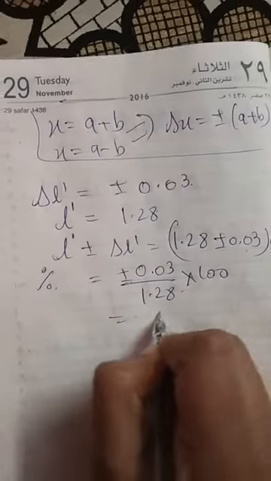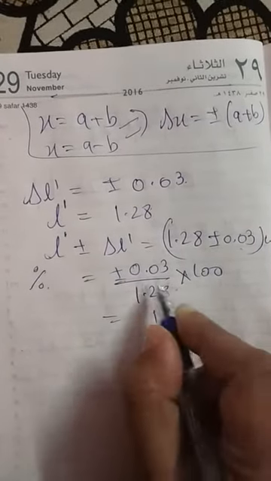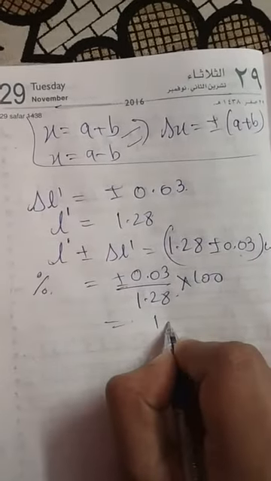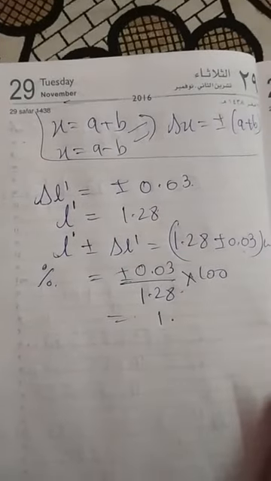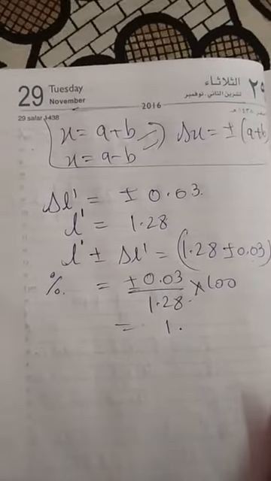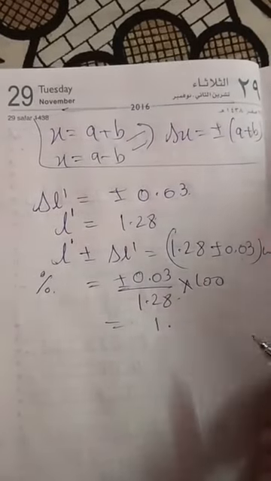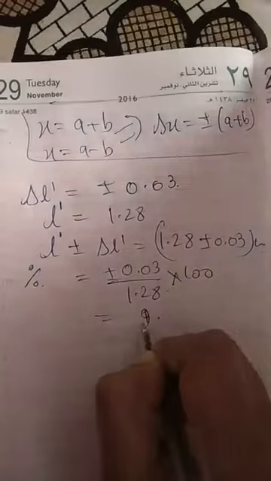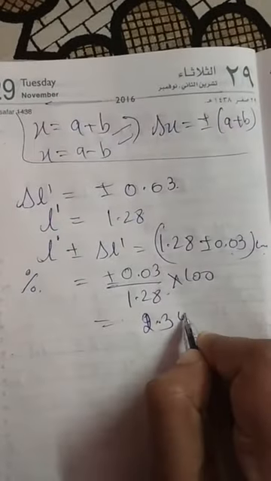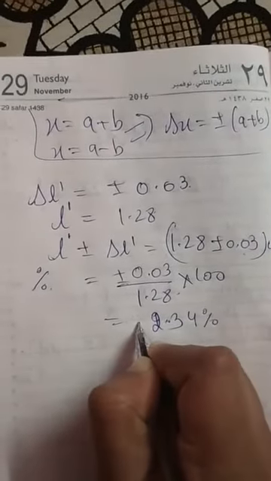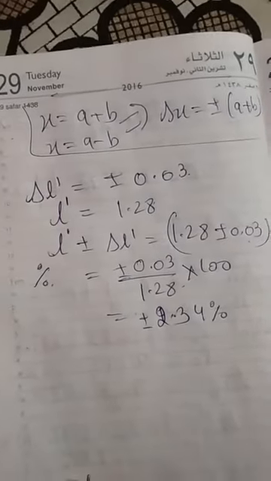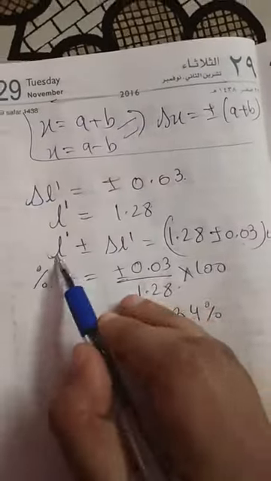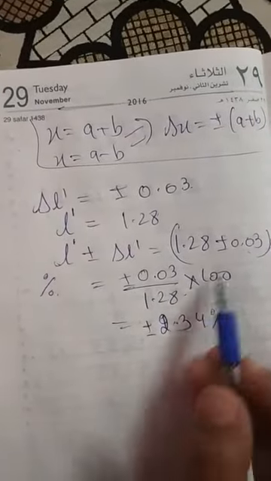If you divide it, you will get 2.34 percent plus minus. Okay, so hence the difference in the length will give you this, and if they want the percentage, it is 2.34%.